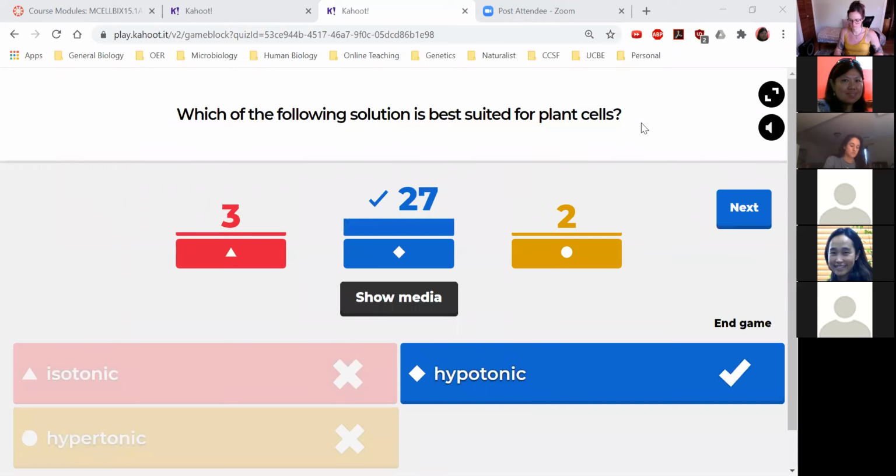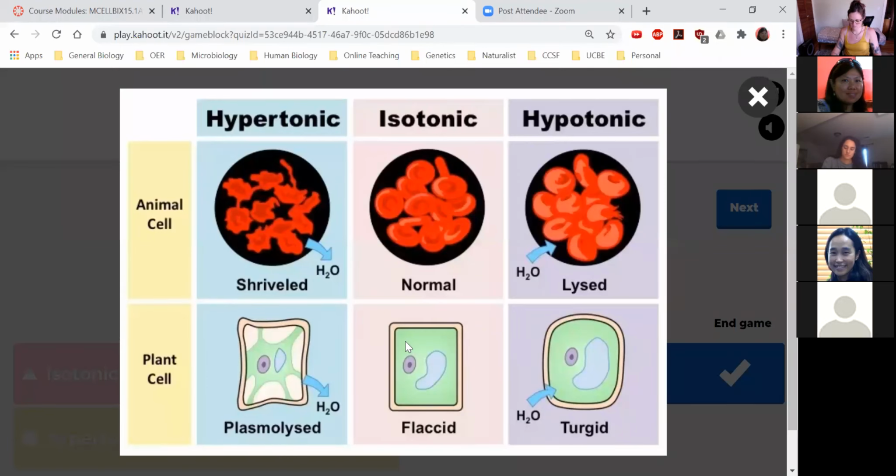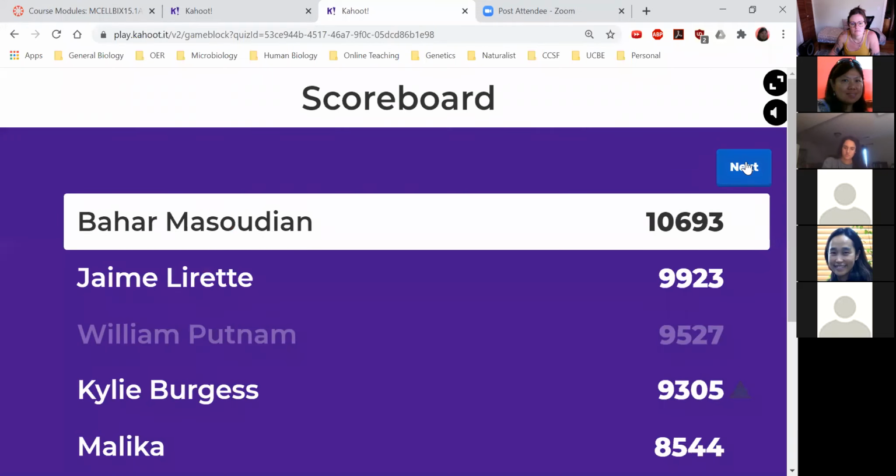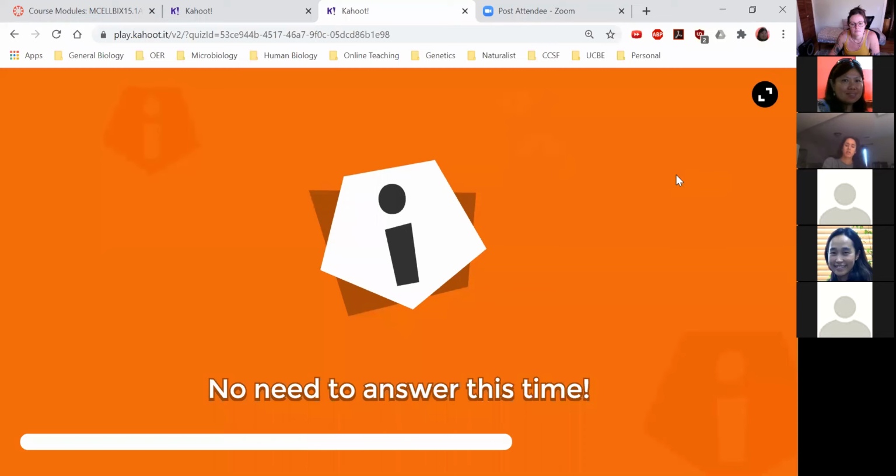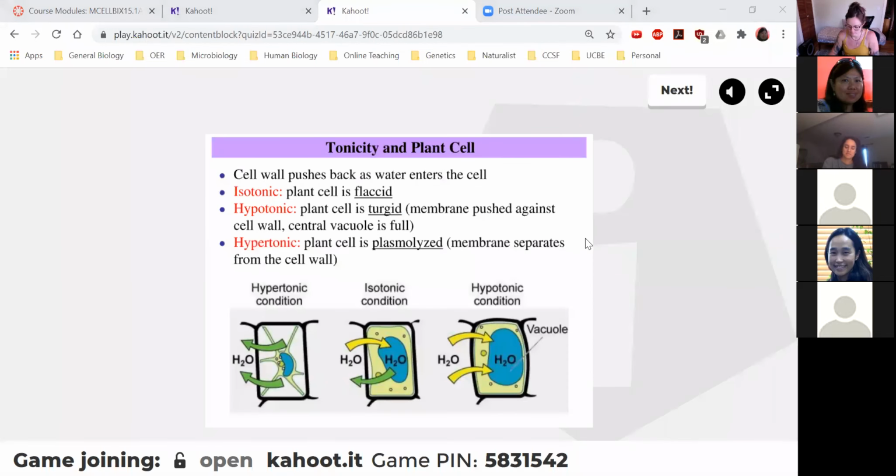Okay, so plant cells, unlike animal cells, do have a cell wall, and that means if too much water gets into it, the cell membrane will be pushed against the cell wall. Plant cells actually prefer to be in hypotonic solution. When plant cells are in isotonic solution, there is no net water movement: some water moves in, some water moves out.